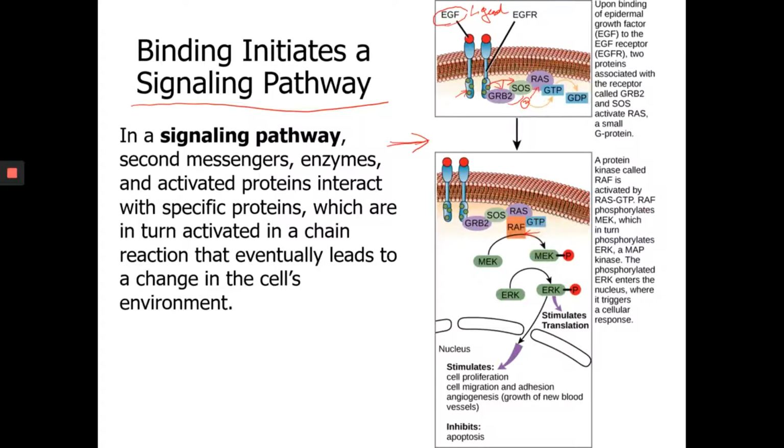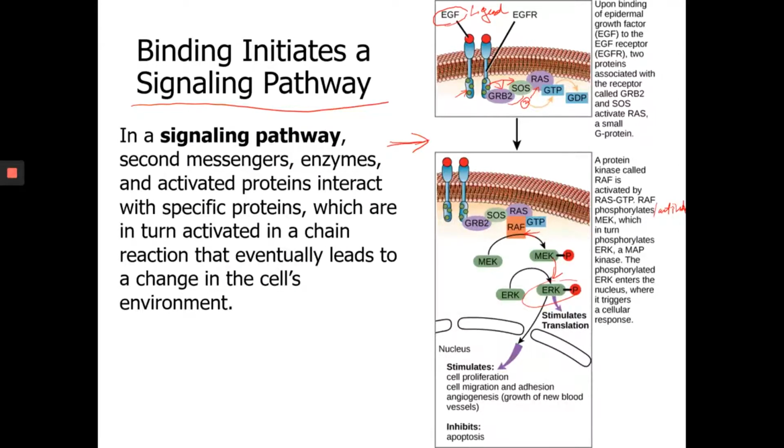And this enzyme is going to phosphorylate, or activate, another group of enzymes over here. That's the MEK. And then the MEK is going to activate another enzyme. And eventually these things will get into the nucleus and affect gene expression.